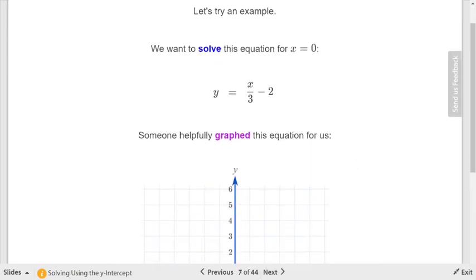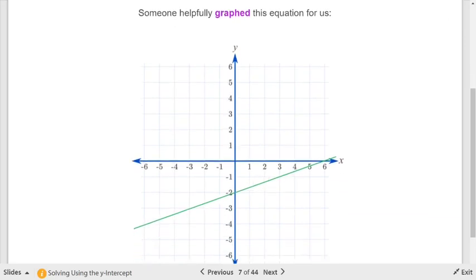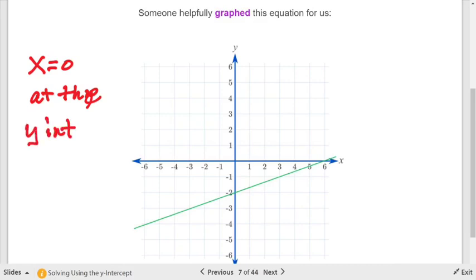All right. So let's try this example. We're going to solve this equation for x equals 0. And it's super easy, even though this equation looks a little bad because it has the fraction in it. But since we have the graph, it's even easier. Okay? Because that line, if I want to know where x equals 0, at, what's it called? Whoops. I'm always giving away clues by writing things wrong.